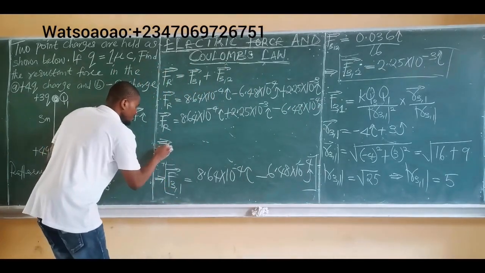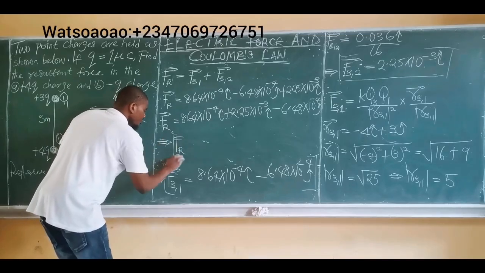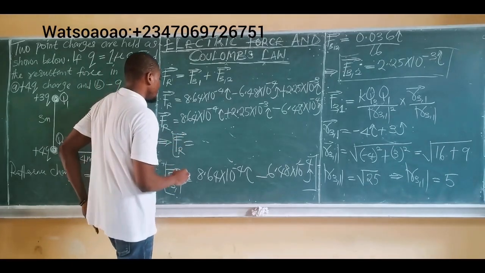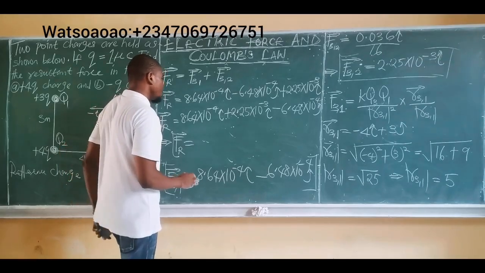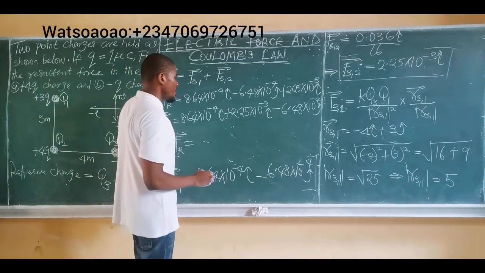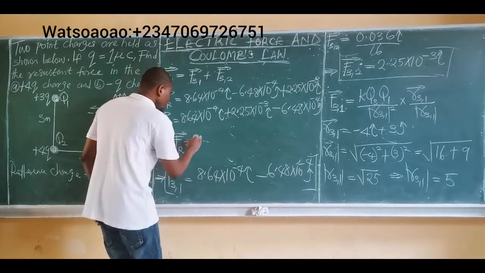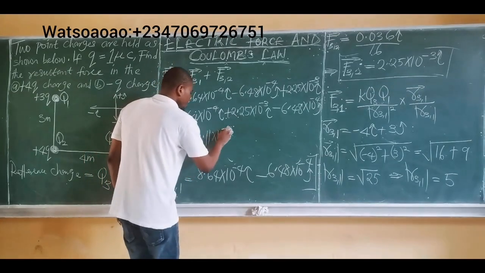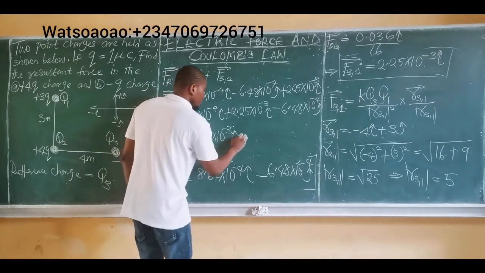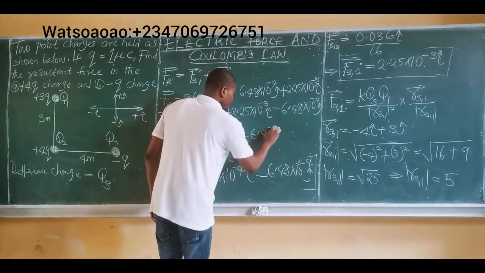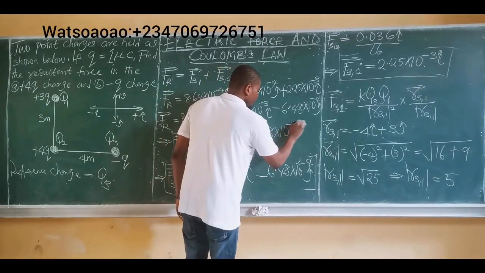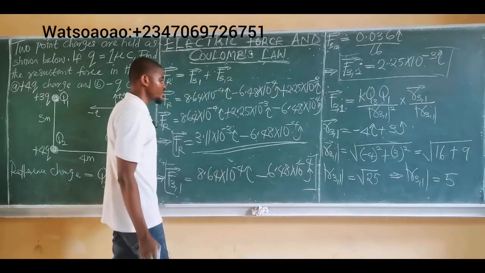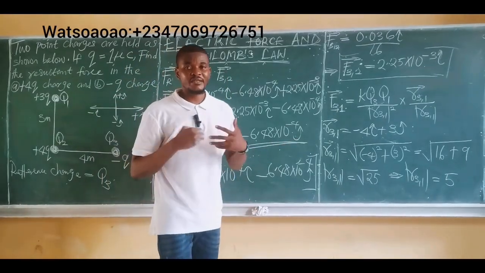So the resultant force acting on that charge is equal to, let's find 8.64 by 10 to the power of negative 4 plus 2.25 by 10 to the power of negative 3. That gives us 3.11 by 10 to the power of negative 3 in the I direction minus 6.48 by 10 to the power of negative 4 in the j direction. So this becomes the value of the resultant force acting on that given force system.